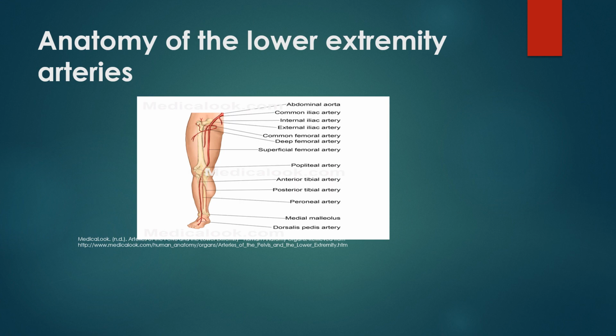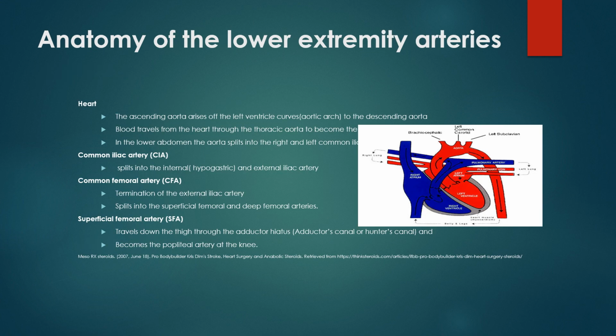As you follow your external iliac artery, you get to your common femoral artery, which then splits into your superficial, now known as your femoral artery, and your profunda or deep femoral artery. At your knee it becomes the popliteal artery, and then you have your anterior tibial artery coming off. Then you have your posterior tibial, peroneal, and your dorsalis pedis. Your anterior tibial at the base of the foot becomes your dorsalis pedis artery.